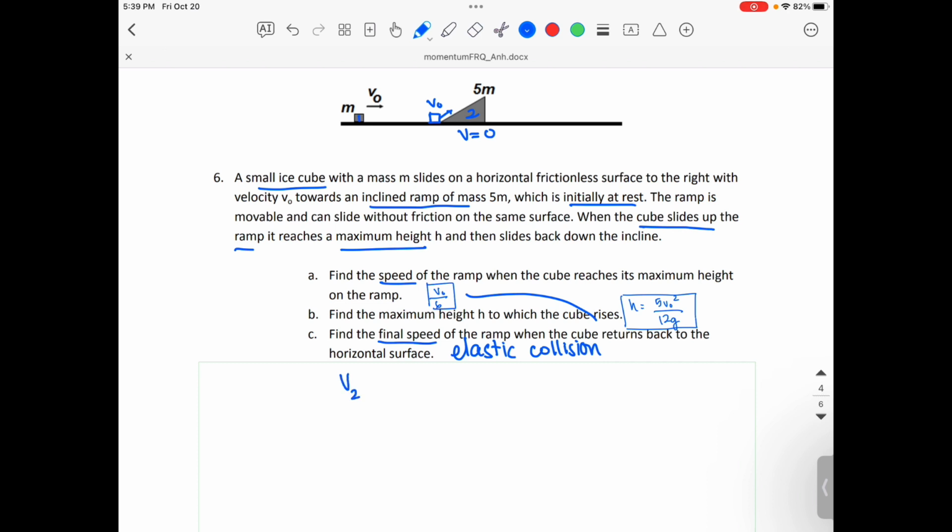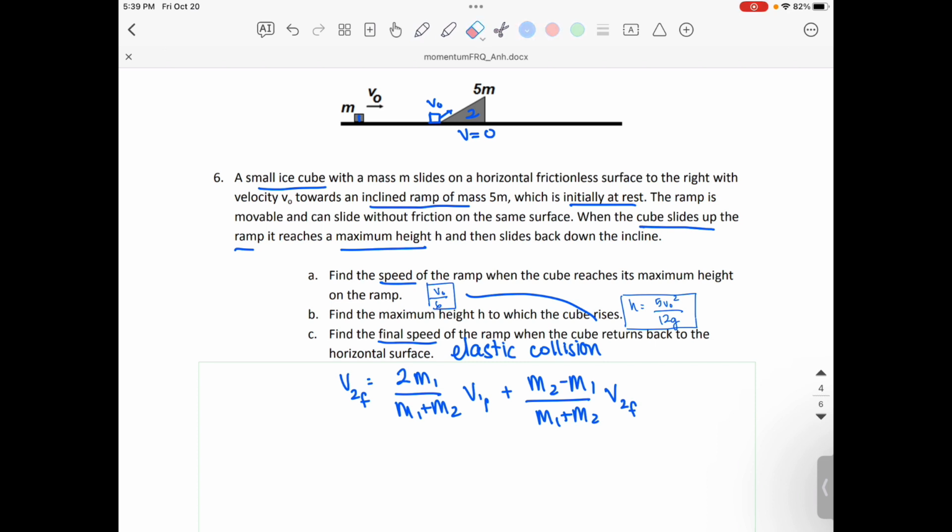So I'm going to start with the v2 final equation, which is equal to 2 m1 over m1 plus m2 times v1 initial, plus m2 minus m1 over m1 plus m2 times v2 initial.